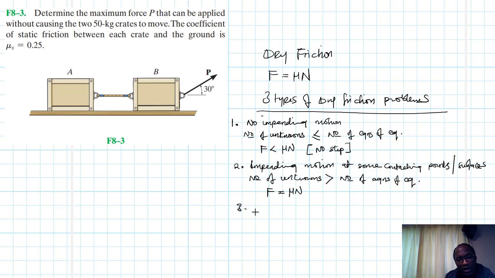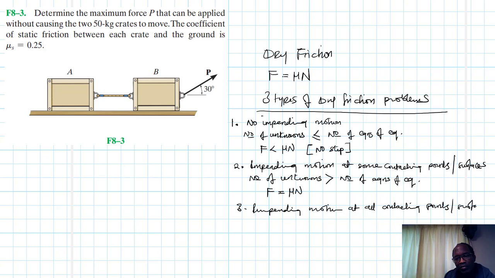And then in the third case, the impending motion takes place at all contacting points or surfaces.